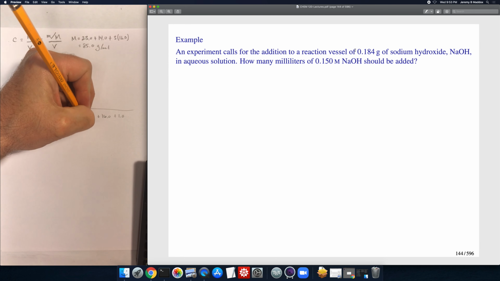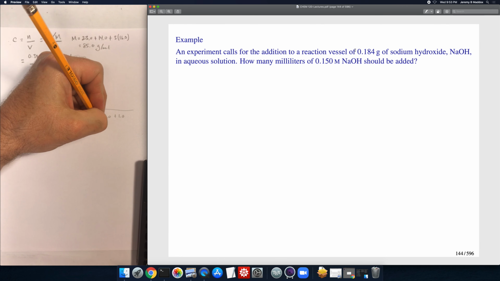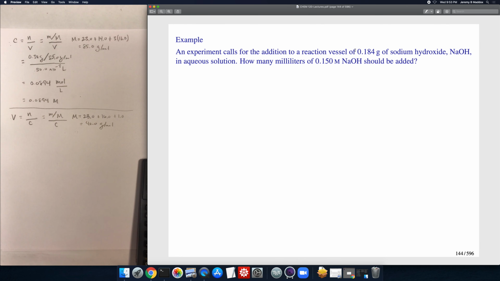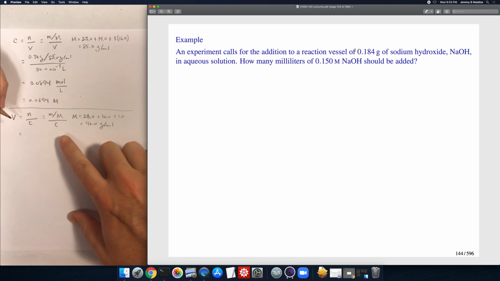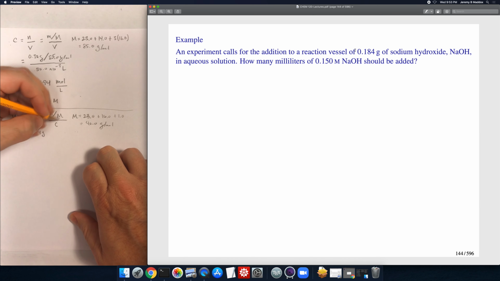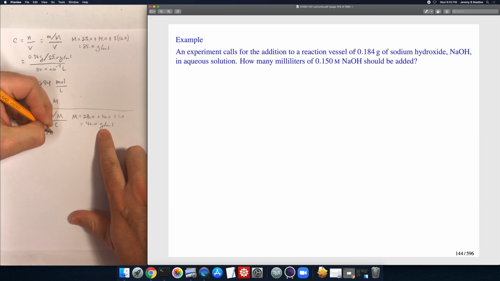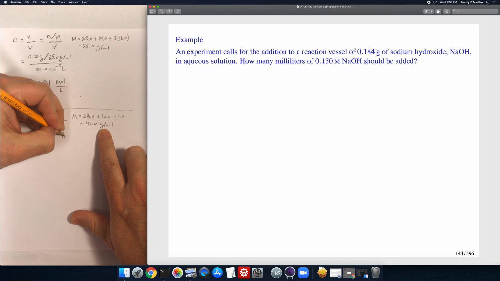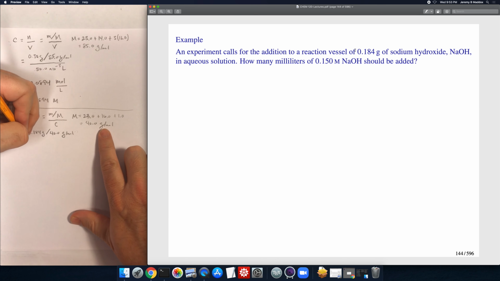That gives us a molar mass of 40.0 grams per mole. And so we can substitute these numbers into this equation. We have 0.184 grams. We'll divide that by the molar mass of 40.0 grams per mole. And then we'll divide all of that by the molarity, 0.150.